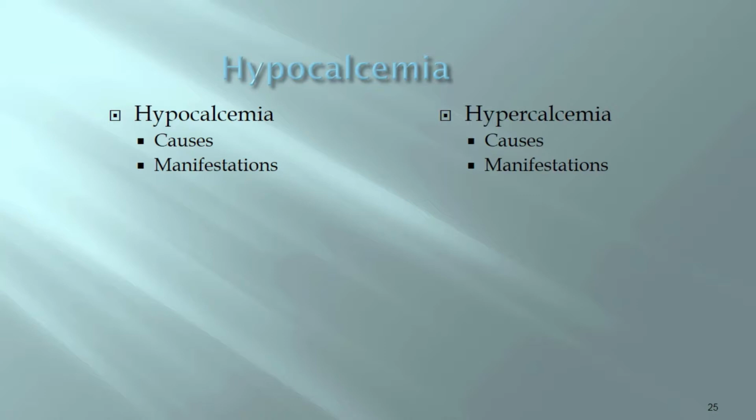So there are numerous causes, and the result will be that neuromuscular excitability will increase secondary to hypocalcemia. There are two signs, Chvostek and Trousseau, a rare occurrence.